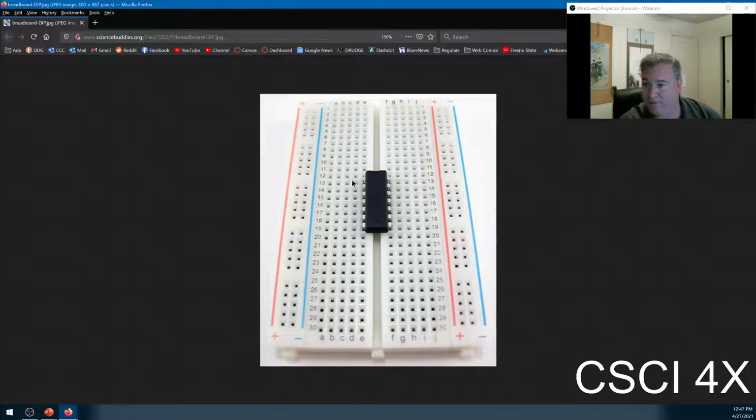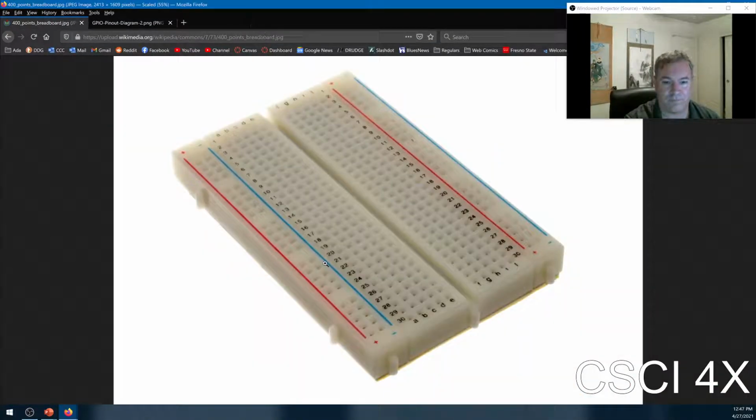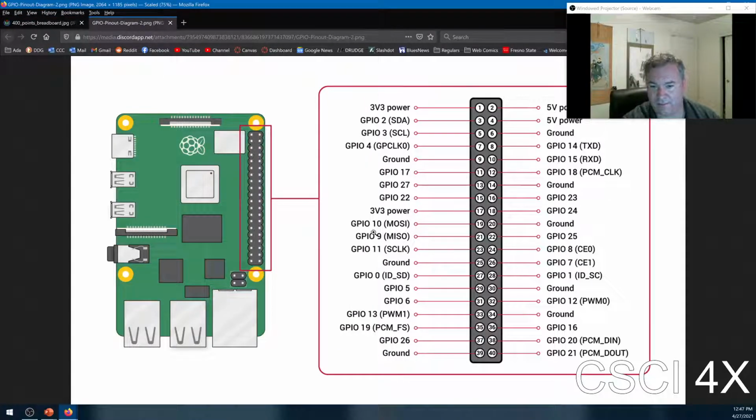And then maybe your Raspberry Pi has these GPIO pins. Any of these GPIO pins you can control through software to be high or low. And so let's say I set 19 and 21 both to be high, and I go from the pin into the breadboard.